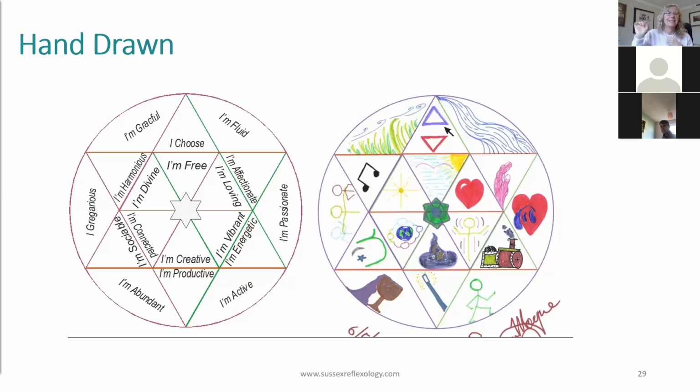But this is the exercise that will help you be able to choose who you're choosing to be in a more positive way, and that will make you more resilient. So that's the end of our first part.